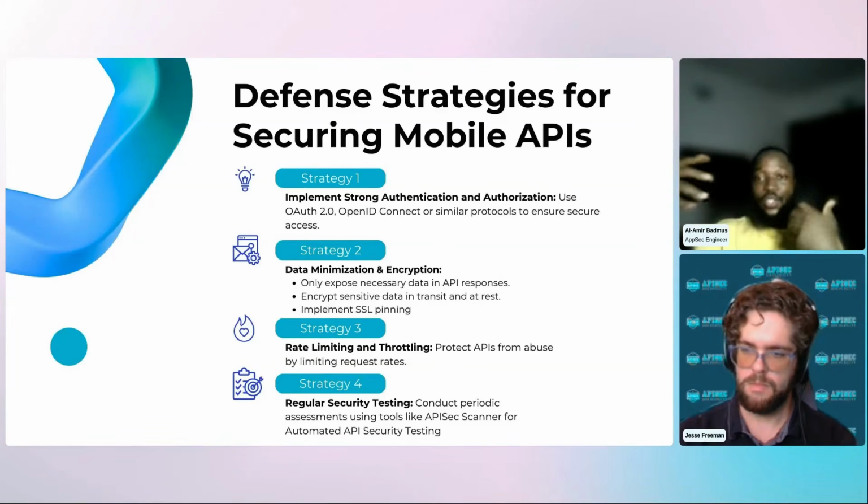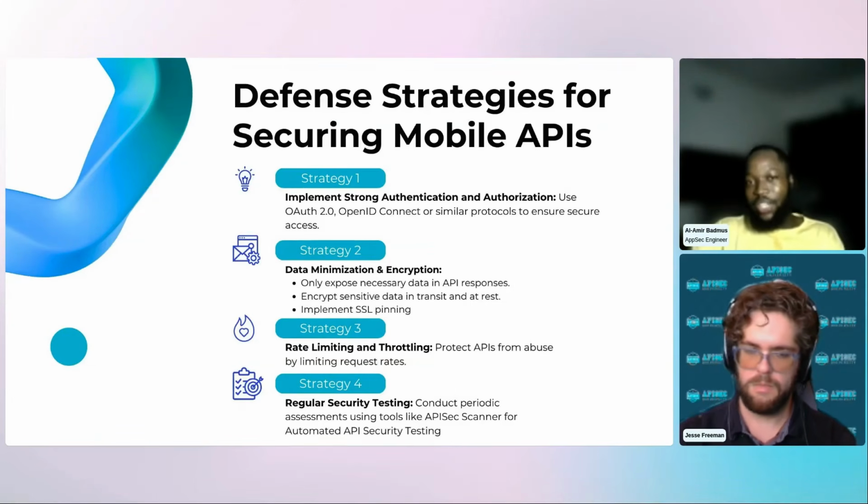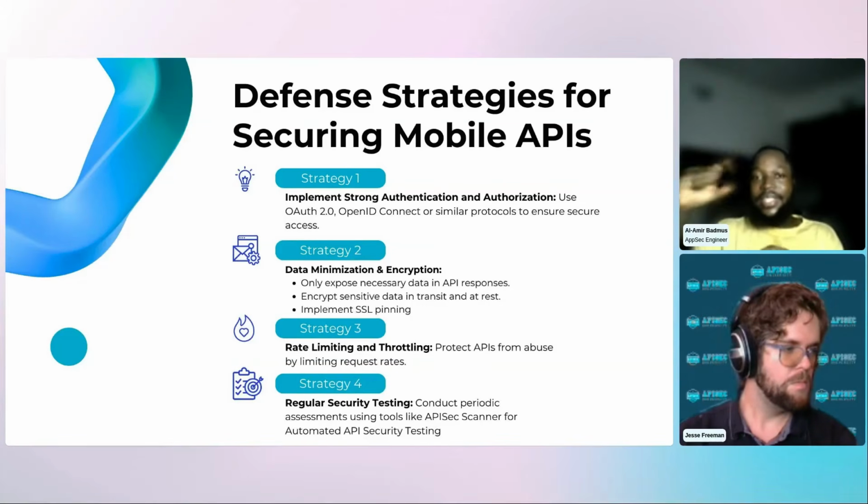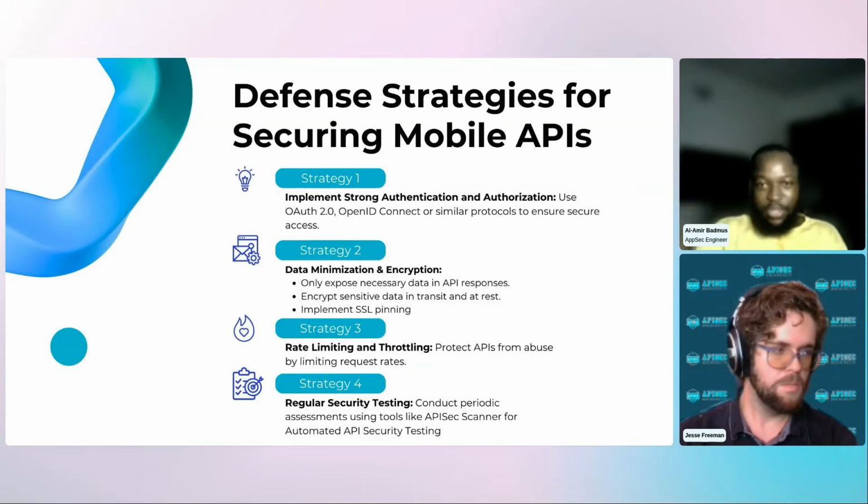Let's say you want to request a loan and they need to upload a certain document. You want to make sure that you cap the file size to, let's say, a certain number of kilobytes or megabytes. The most important thing of all is to have regular security testing processes in place, right?